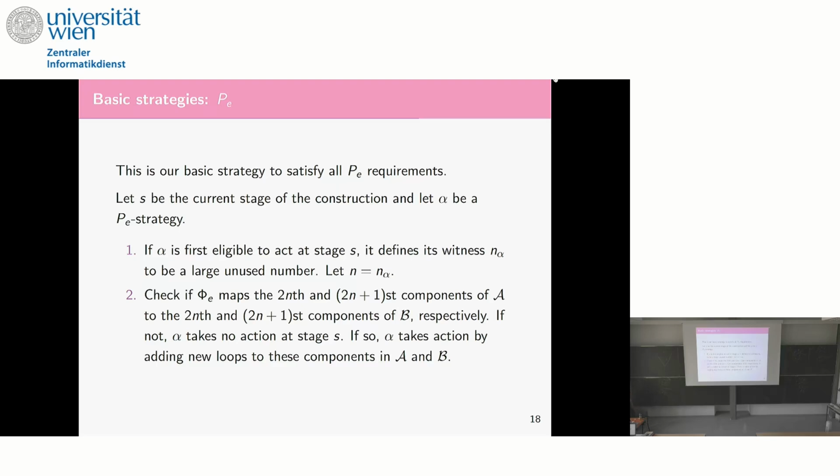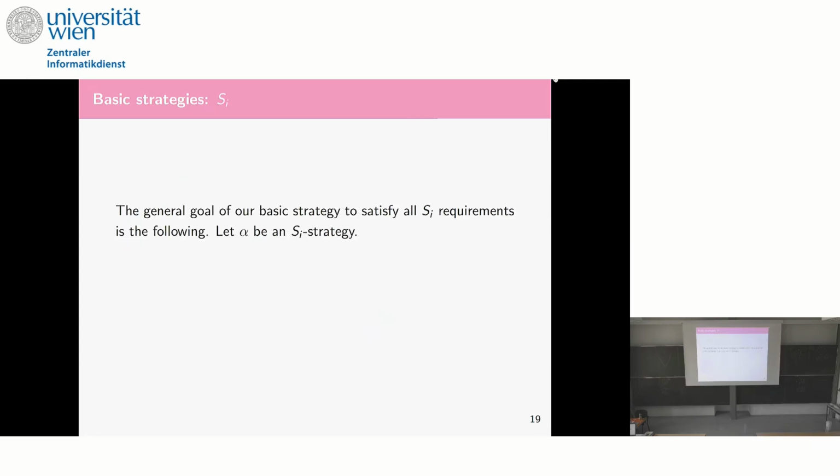Okay. And then you've successfully diagonalized on these two pairs of components. Okay, so that's just PE in isolation. It's a very simple strategy, but it can cause a lot of problems later on if you do it with other things. Yeah, so that's just the main PE strategy.